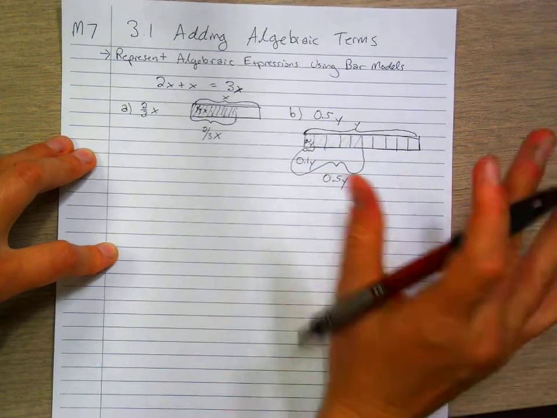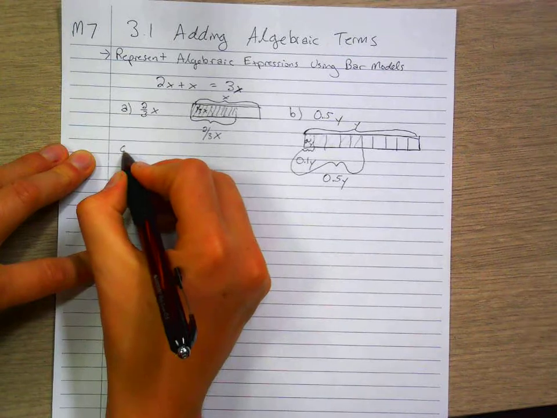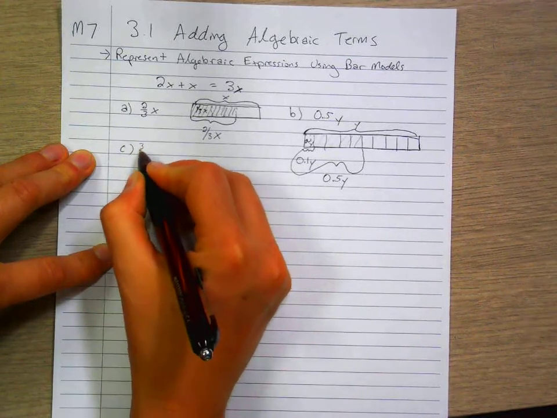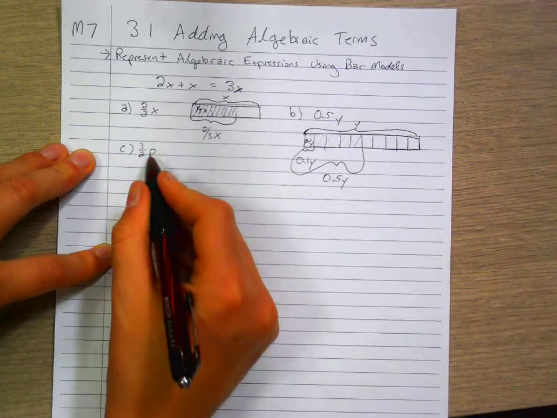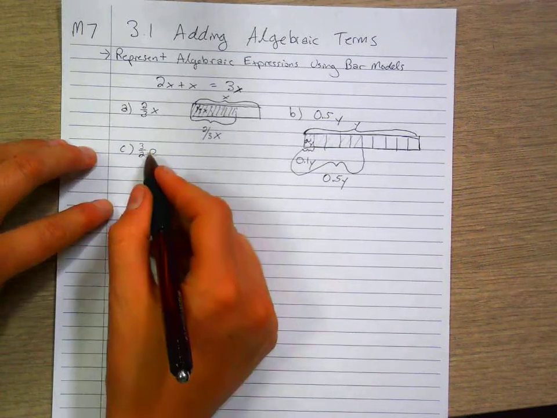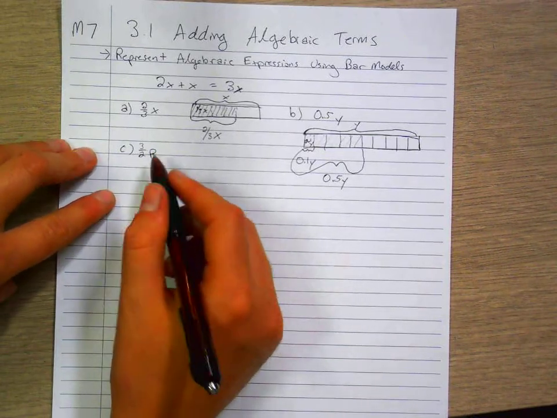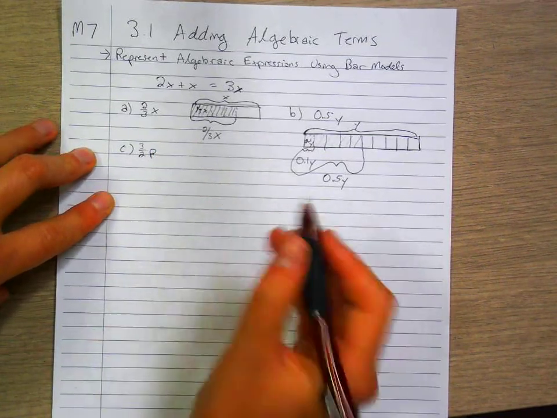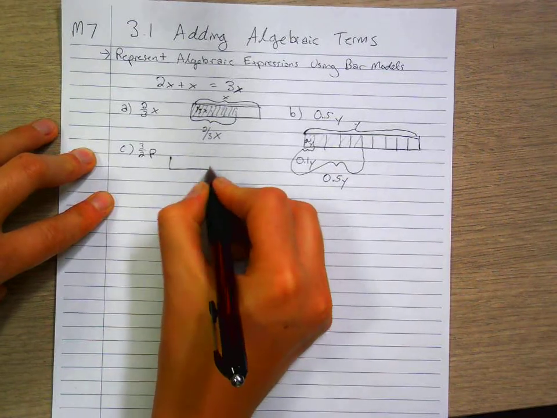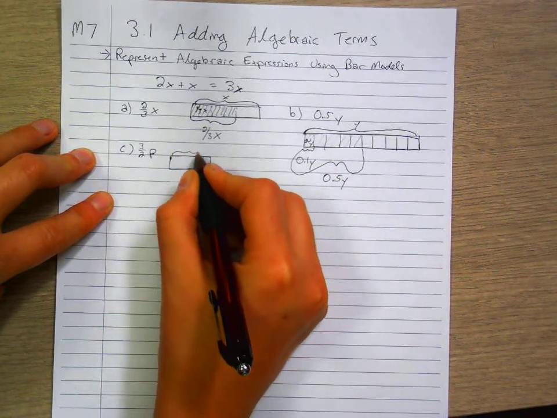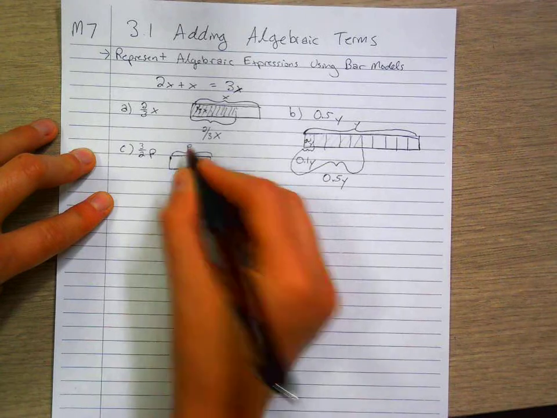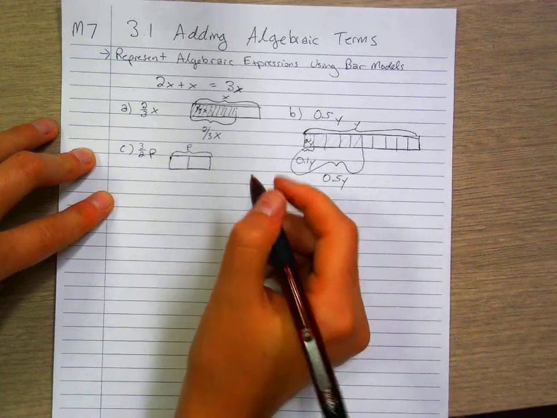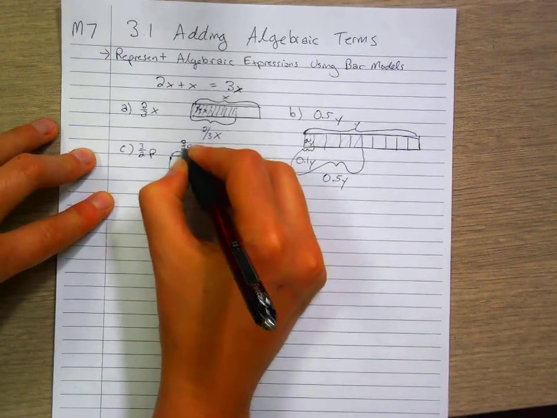Anyway, let's try a third one. C says 3/2 p. Well, 3/2 is bigger than 1, so we know that 3/2 is going to be more than just p. But first, let's just draw out p. So if we draw it here, p, and it's in 2, we know that that is 2/2 p. It's basically just 1p.